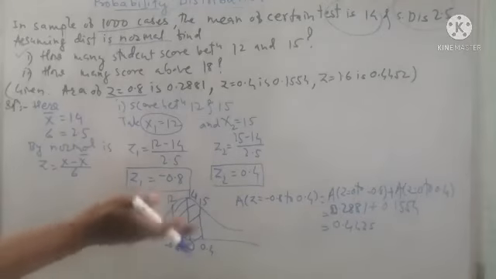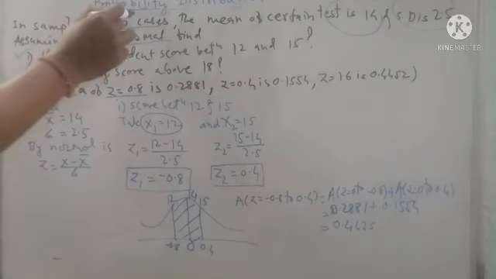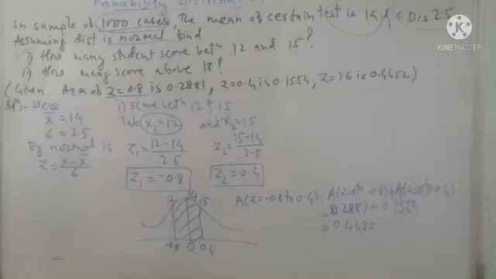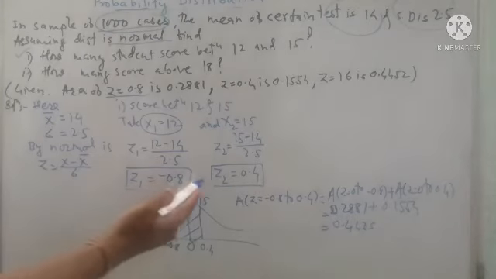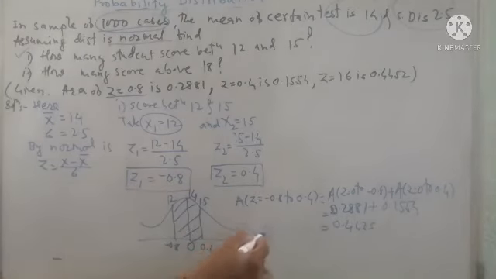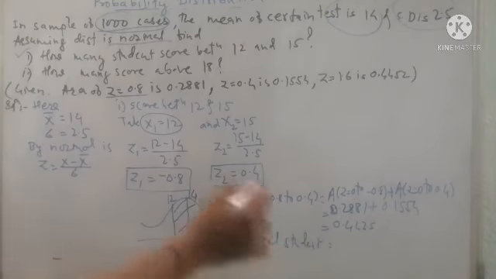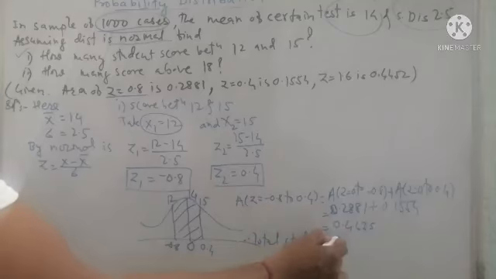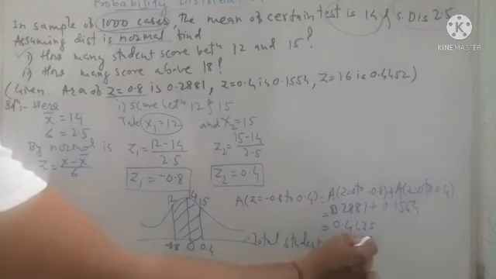Now, as the total distribution is 1000 students, this area represents the students out of these 1000 having a score between 12 and 15. So to get the total students with a score between 12 and 15, we multiply this area by 1000.